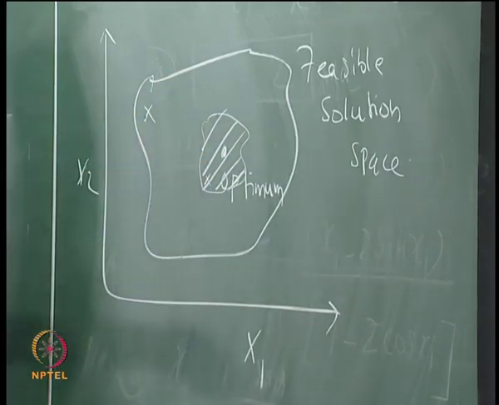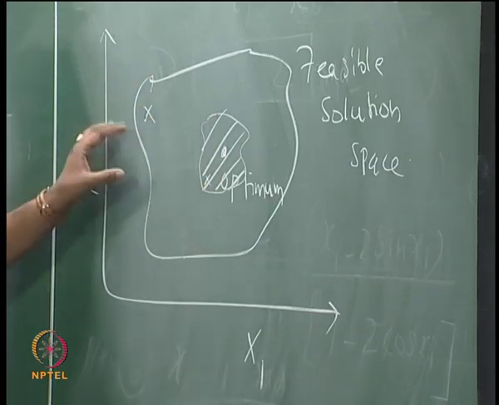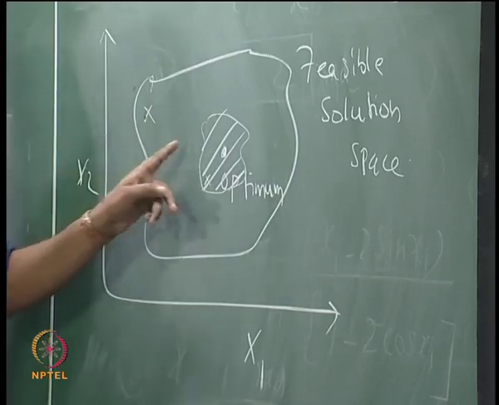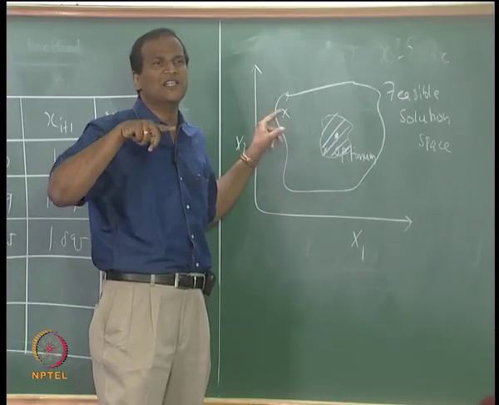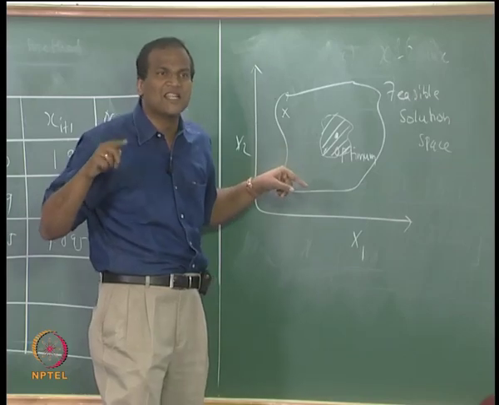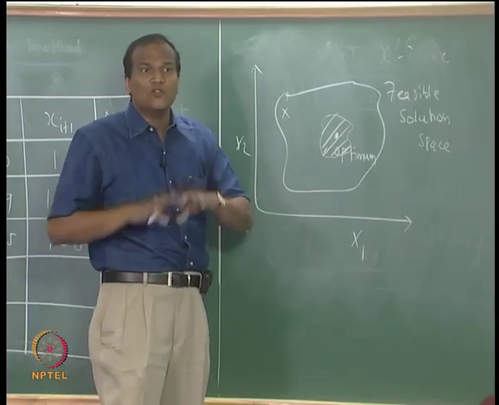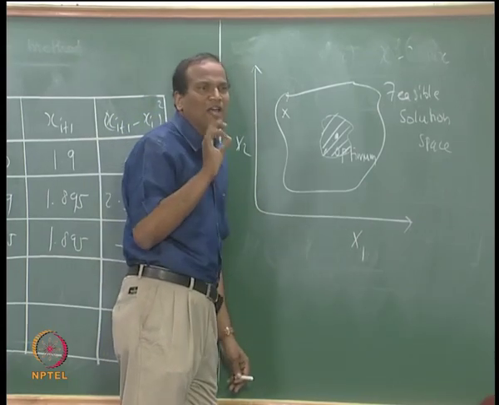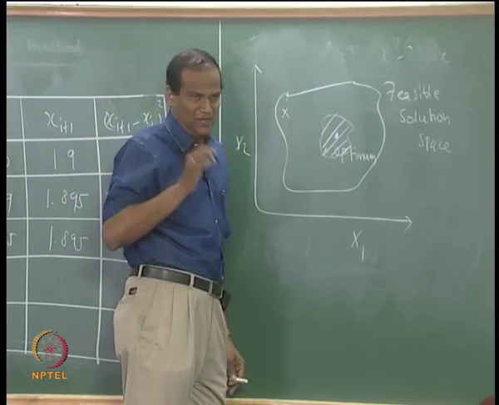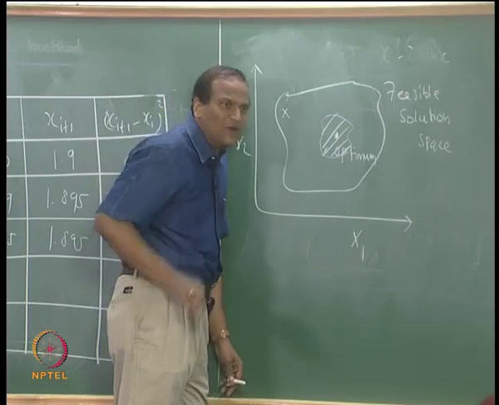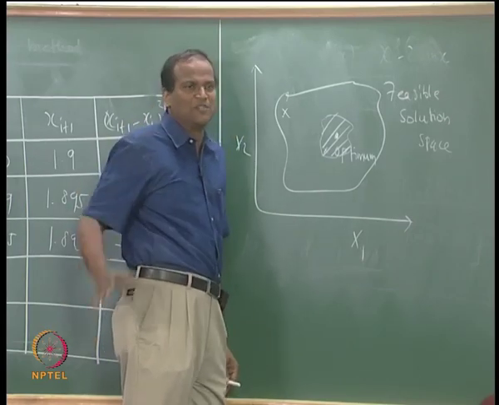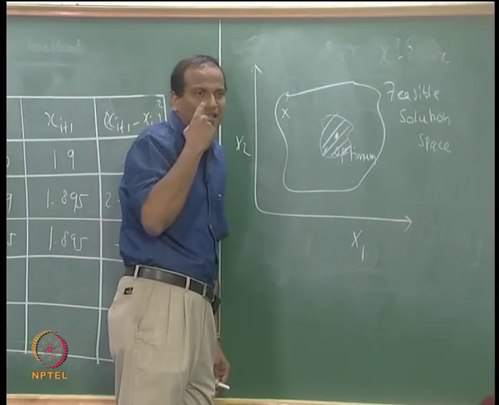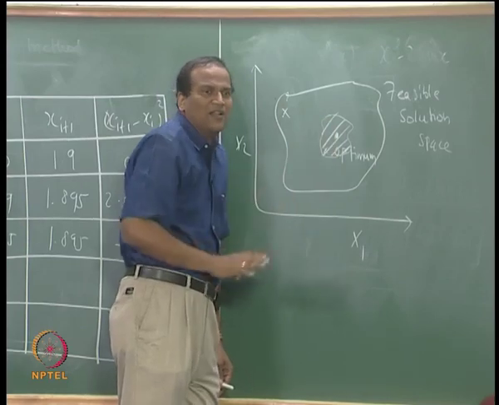Now you will ask me, sir, if I am able to reduce to this region using genetic algorithm, why not I proceed and converge? Genetic algorithm, usually these global optimization techniques are extremely slow. So you initially use a global optimization technique to narrow down the region in which you expect a solution to occur, and then once you have hit upon that narrow region, use a very powerful calculus based technique which uses information on the first derivative, sometimes the second derivative, Hessian and all that, and then you can narrow down your search.